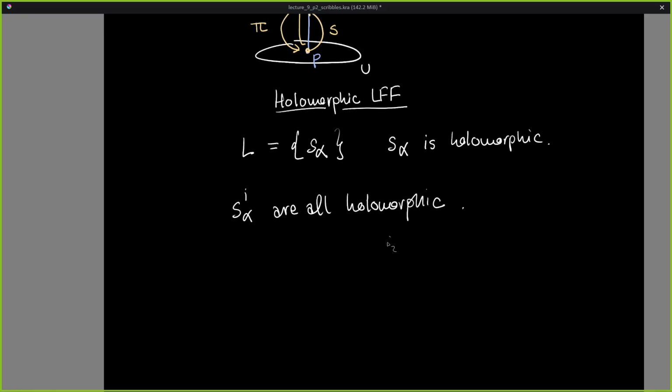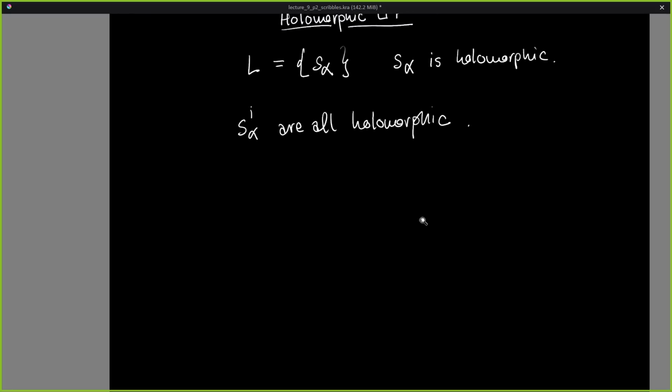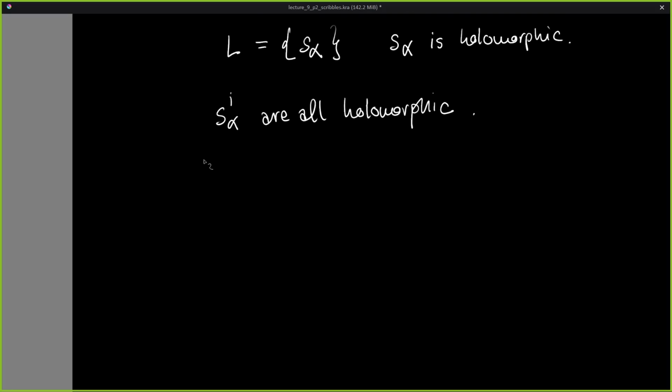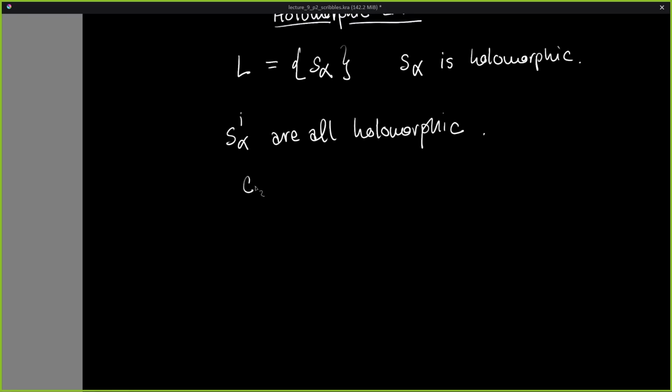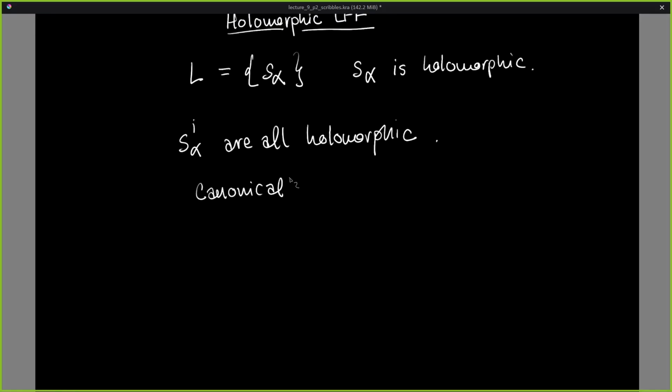So that's what we're going to build next. The first thing we're going to do is extend the Cauchy-Riemann equations to the holomorphic vector bundle. And this will come in the form of something called the canonical Dolbeault operator.